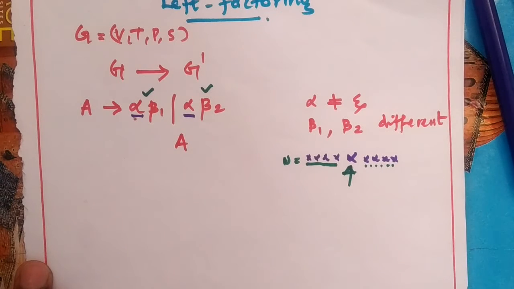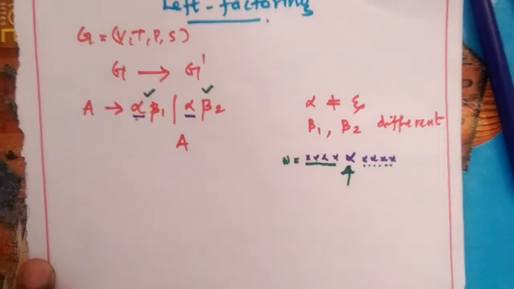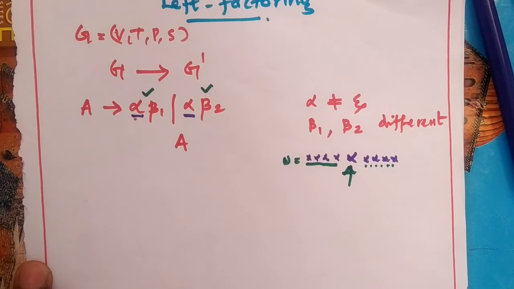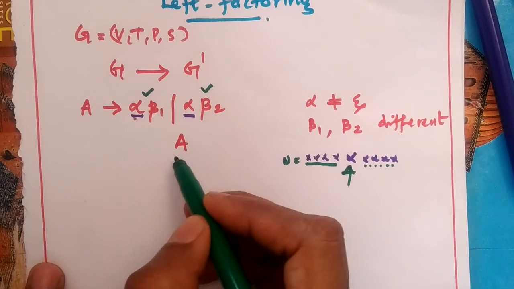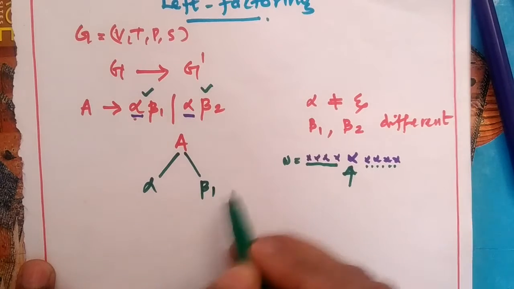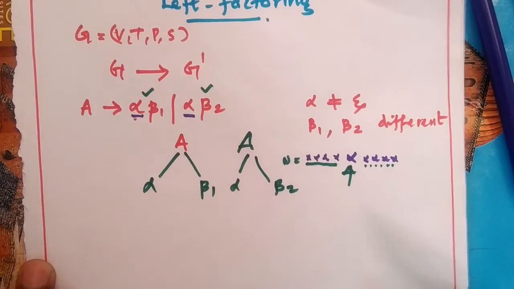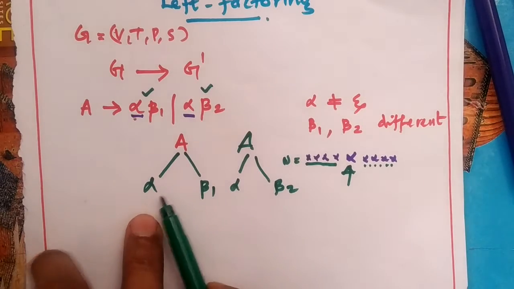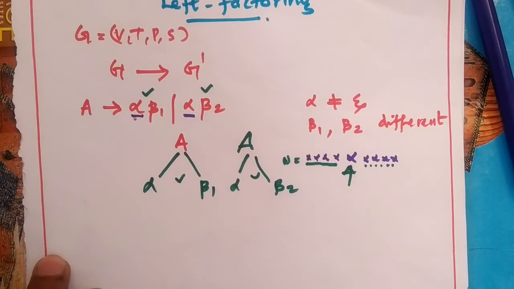This is the problem of a grammar which is not left factored. You will get two parse trees, one with A gives alpha beta 1 and one with A gives alpha beta 2, and we can decide which parse tree is correct based on the string available in the input after alpha.